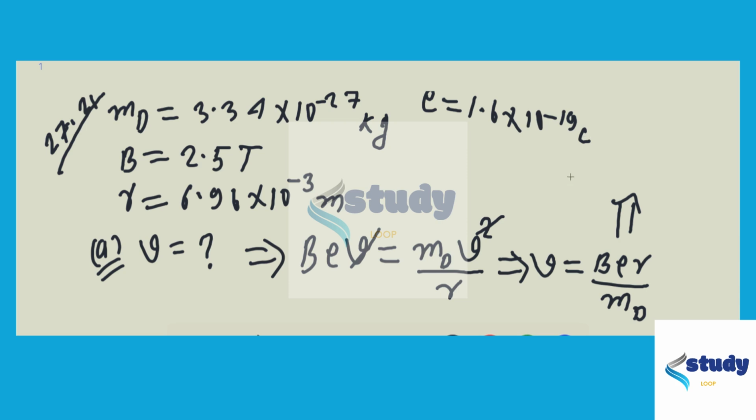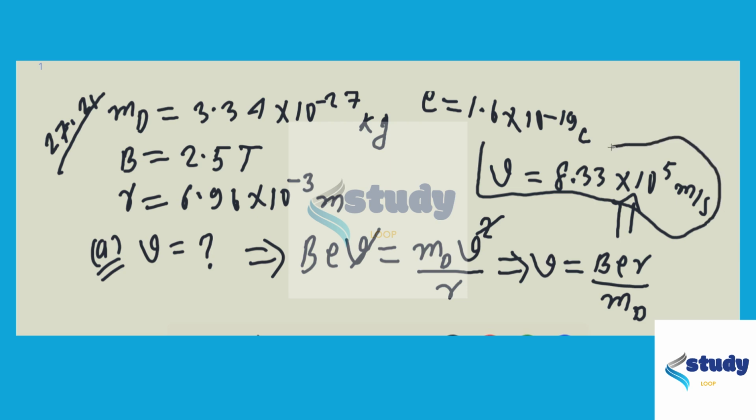So if you just plug in all the values here, you're going to get 8.33 times 10 to the 5 meter per second. This is V. This is what the value is.